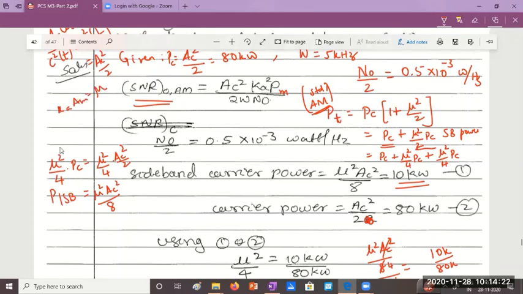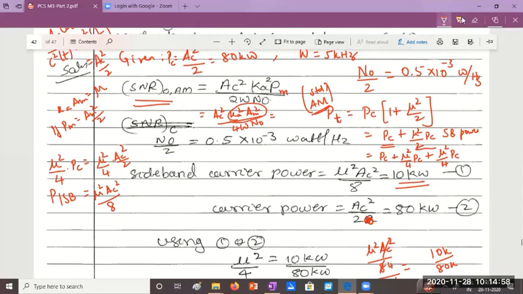So if I consider Pm, what is the value of Pm? Am square by 2, the power in a single tone message. What will happen to this equation? This becomes Ac square Ka square Am square by 4 W into N naught.